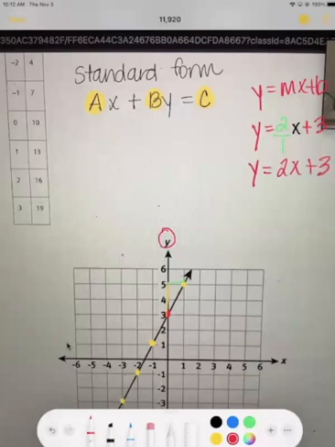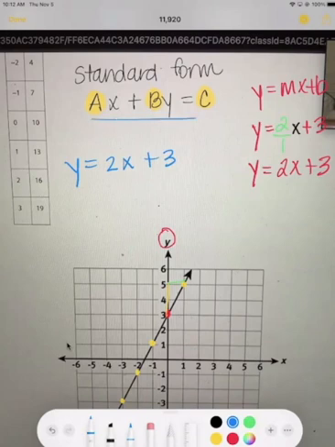All right. So now that we have found our line on the graph, we are now going to convert it to standard form, which is ax plus by equals c. All right, so that means we have to get our variables on the left-hand side.